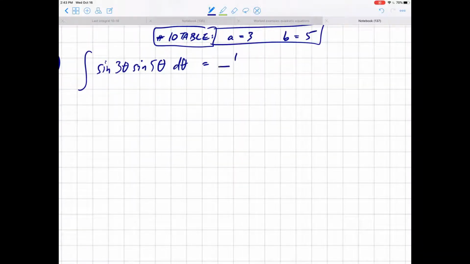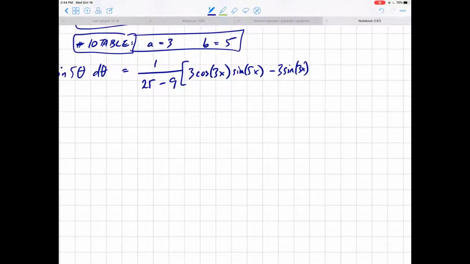So it should be 1 over b squared minus a squared, so 25 minus 9, all times a cos ax. So if a is 3, so 3 cos 3x times sine of bx, so sine of 5x, minus 3 sine 3x times cos of bx, so cos of 5x, all plus c.